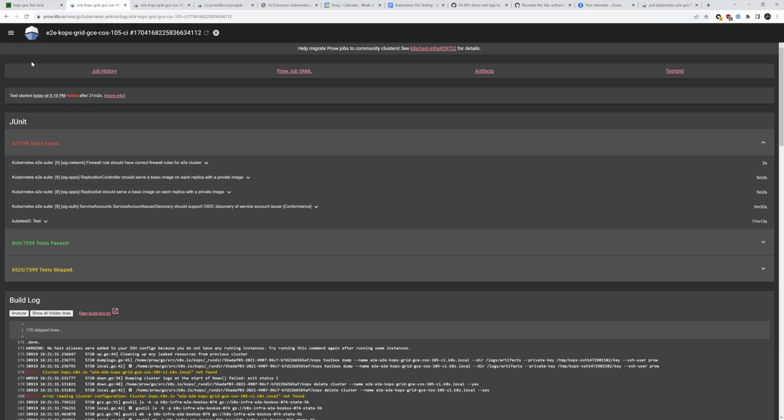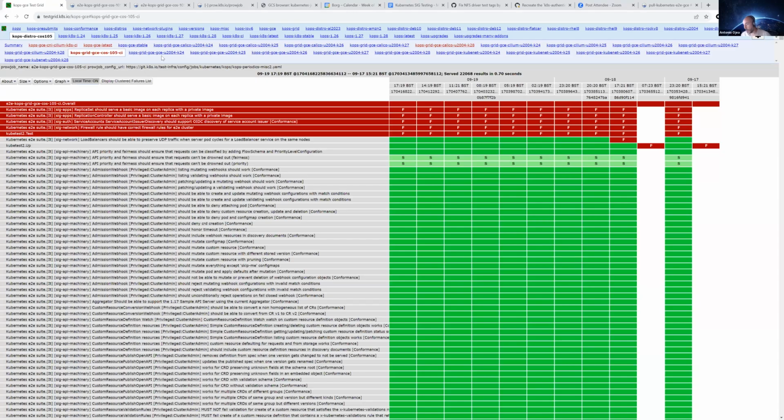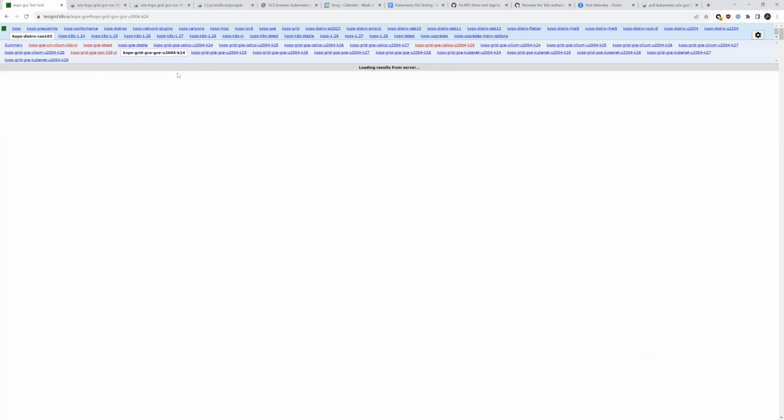And moving from 50 minutes to 30 minutes is an impressive thing to have, and this is going to help to promote this. I think most of the cops tests are pretty fast. The rest of these are just standard conformance and node conformance tests, and they're pretty fast.